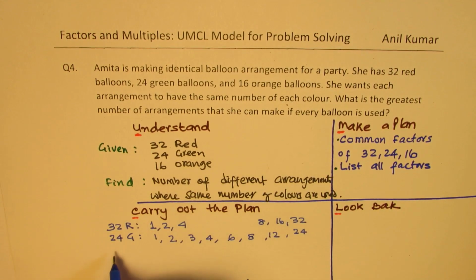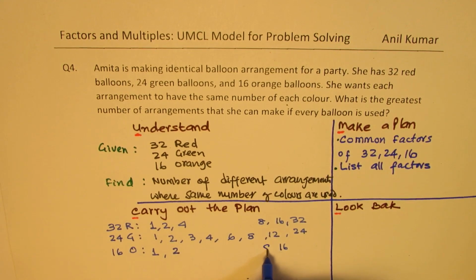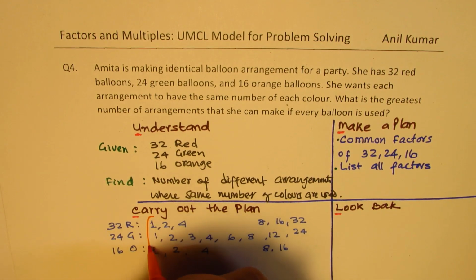Now 16, orange. 16 is 1 and 16. Then we have 2 and 8. And we have 4 and 4. So that makes 16. Now we need to figure out how many are common in each. So we could have 1 common.